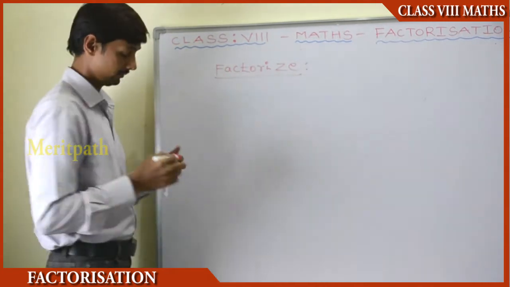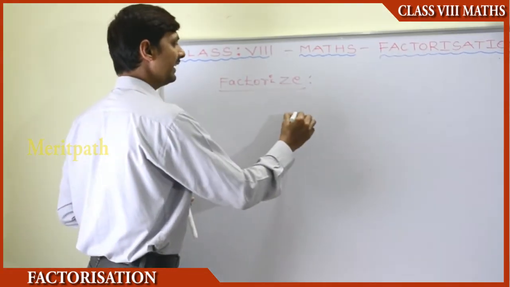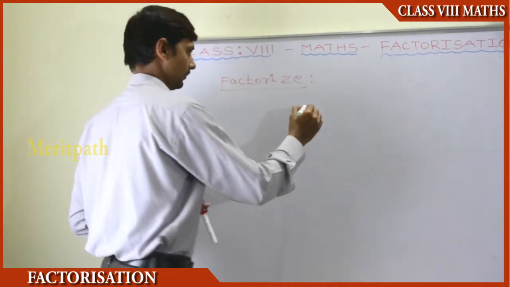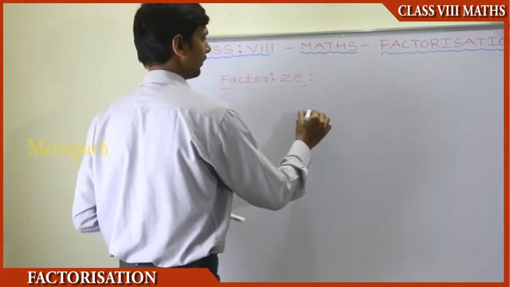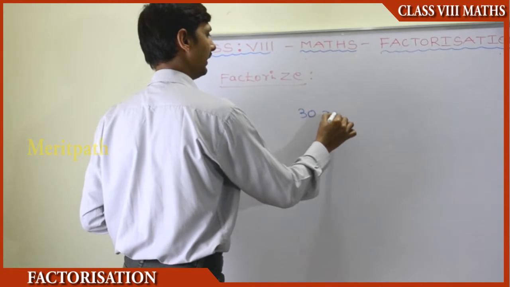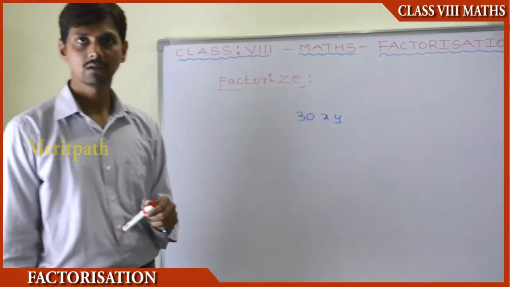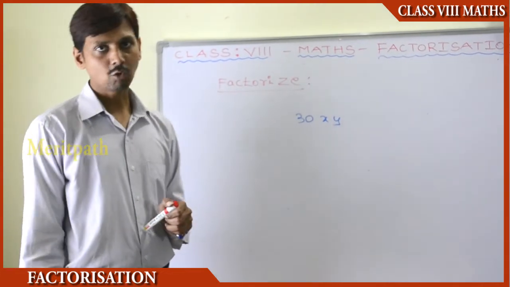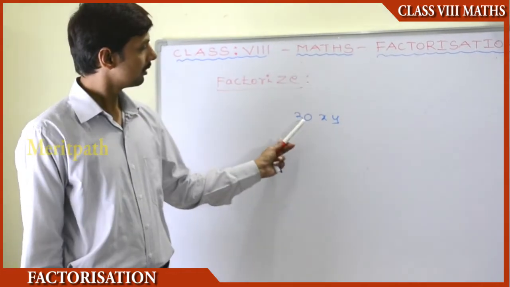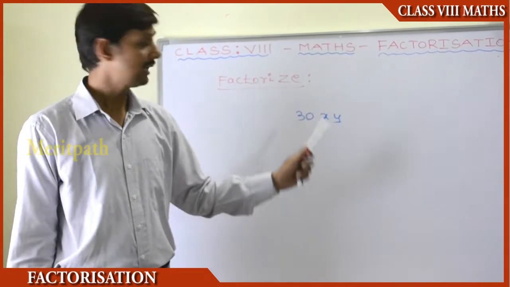So factorize an expression. If we take any expression, for example 30xy, it's a combination of the variable and constants. The constant value is 30, the variables are x and y.